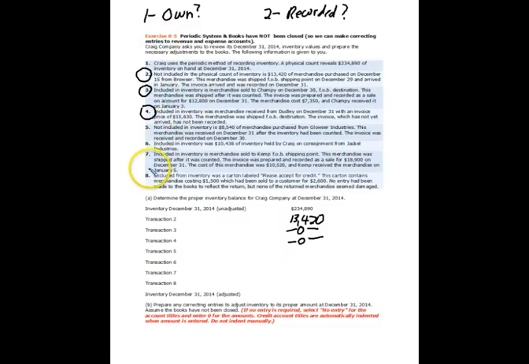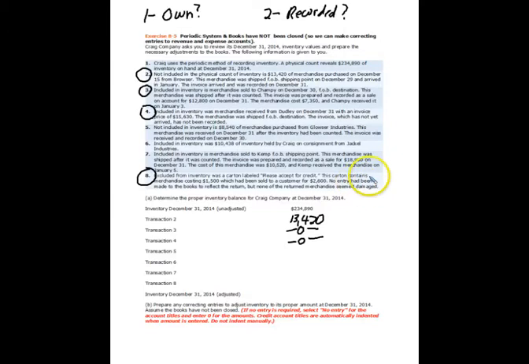And I'm going to skip down to number 8. Excluded from inventory was a carton labeled, "Please accept for credit." The carton contains merchandise costing $1,500, which had been sold to a customer for $2,600. No entry has been made on the books to reflect the return, but none of the returned merchandise seemed damaged.